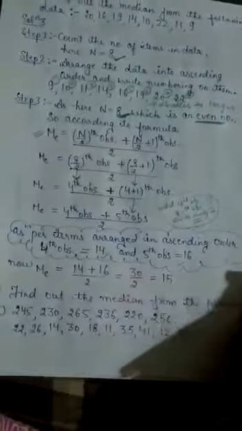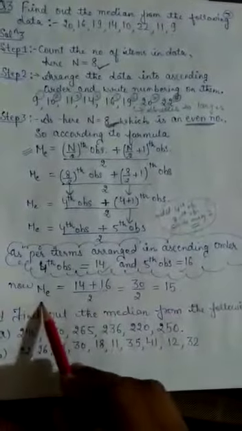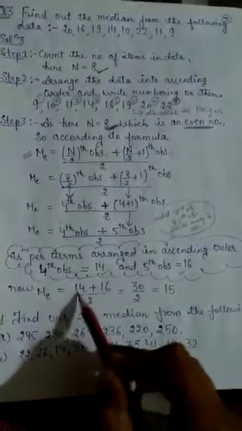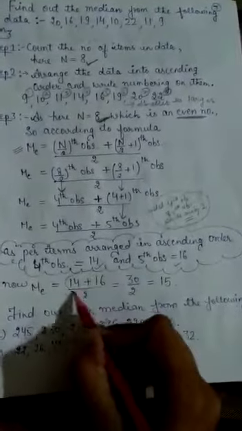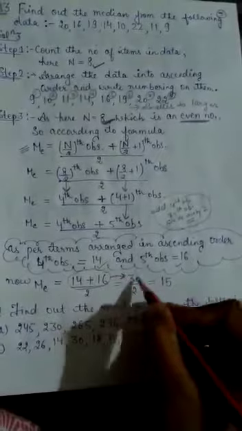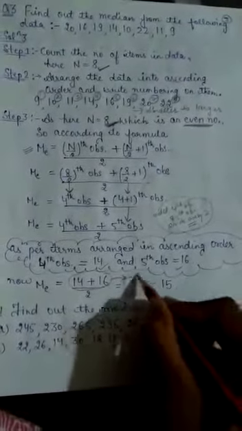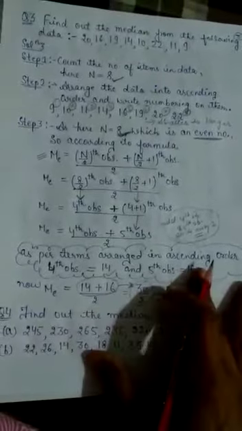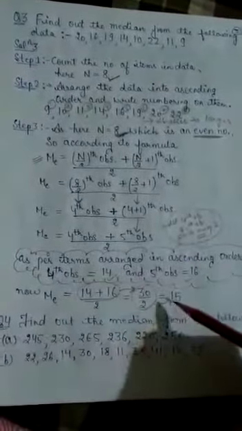So from here we have substituted the value in median, that is 14 plus 16 upon 2. 14 plus 16 will give you 30. 30 divided by 2 will give you 15. So your median is 15.